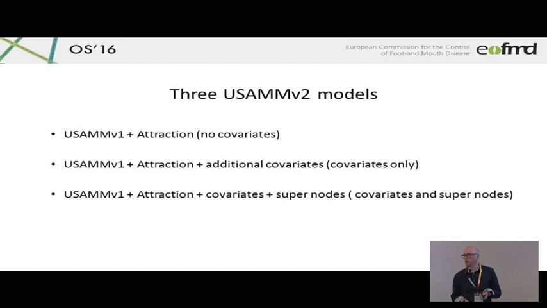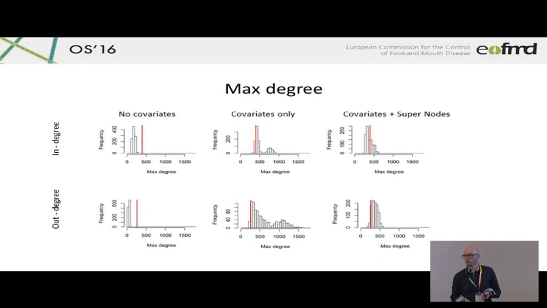So if we look at how well we're doing with USAMM version 2, we can look at, for instance, the maximum degree. Here you have maximum degree on the x-axis and frequency on the y-axis. This is the maximum degree from 1,000 generated networks in each model.